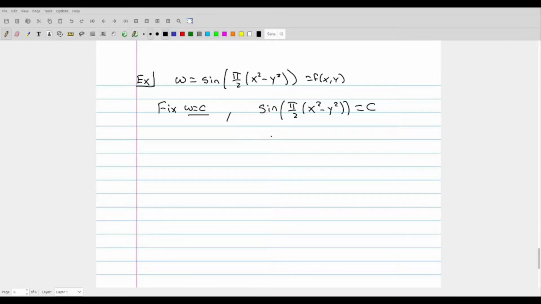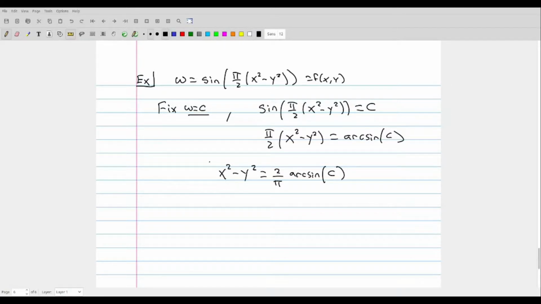If we take the inverse sine function, arc sine, of both sides, we get pi over 2 times x squared minus y squared is equal to arc sine of c, which gives us the equation x squared minus y squared is equal to 2 over pi times arc sine of c.